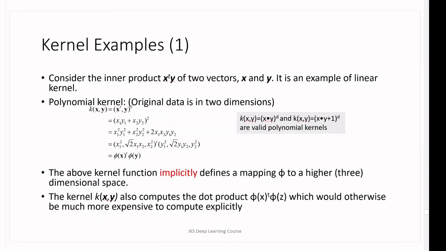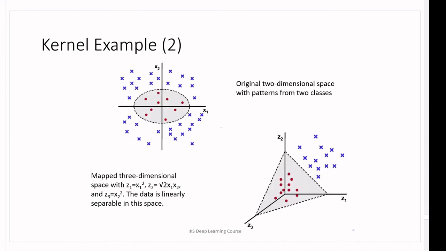Here are some examples of kernel functions. There's another example which shows you how you can map it, similar to what I showed you earlier. In this panel, that's our original data, which is not linearly separable in two-dimensional space.